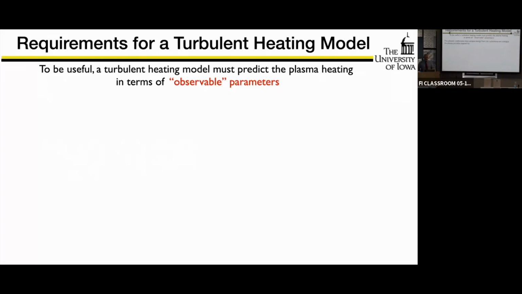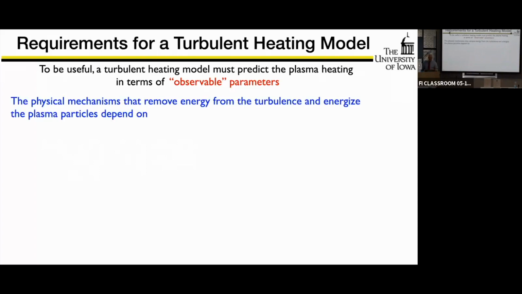So we want to know that. The physical mechanisms that remove the energy from the turbulence and energize the plasma particles are going to depend on the plasma parameters, things like the plasma beta, the ratio of the thermal to the magnetic pressure, or the ion to electron temperature ratio, as well as the nature of the turbulent fluctuations, so there is a set of turbulence parameters they depend on.